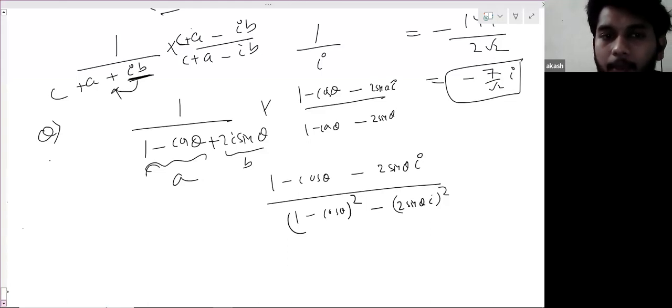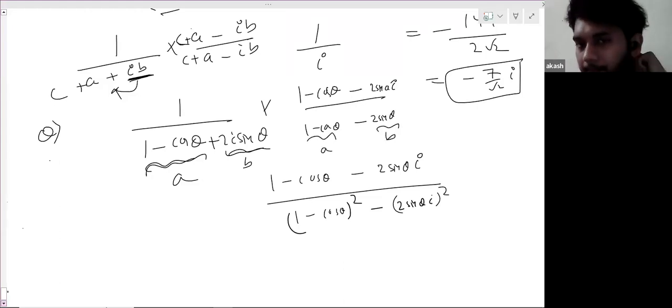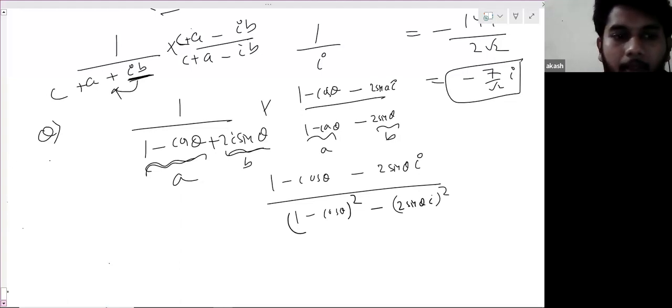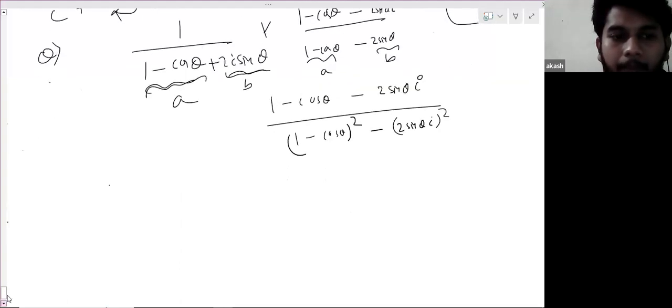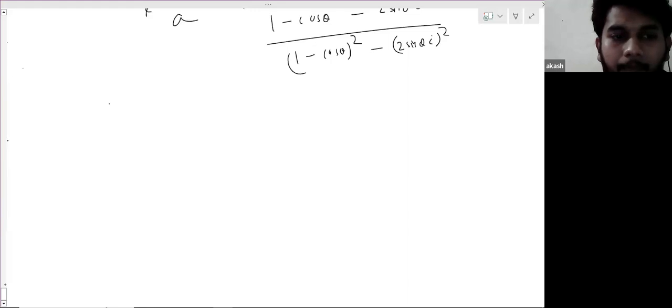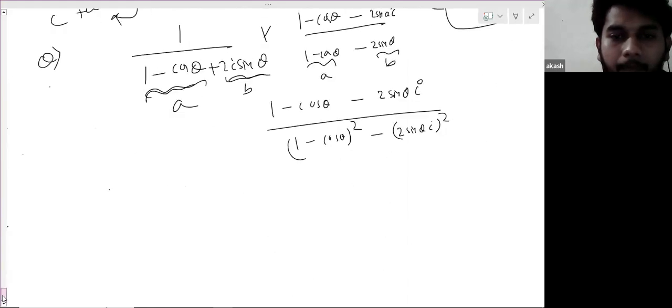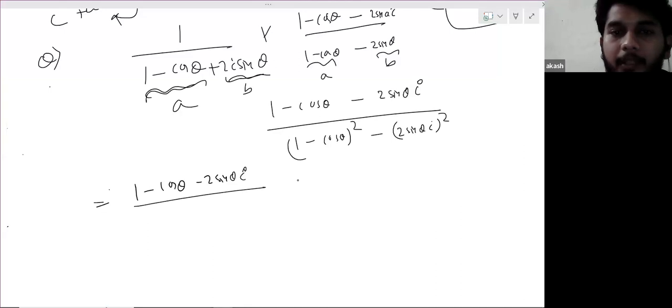No, this is whole A and this is B. This is A and this is B. Clear? Okay. So now this becomes 1 minus cos theta minus 2 sin theta I whole divided by.